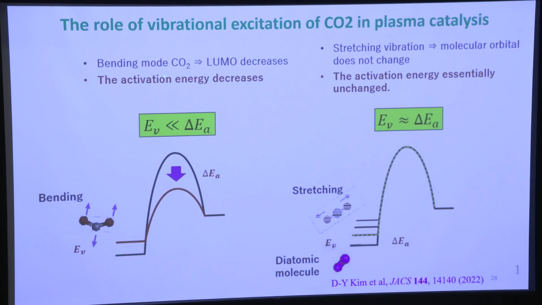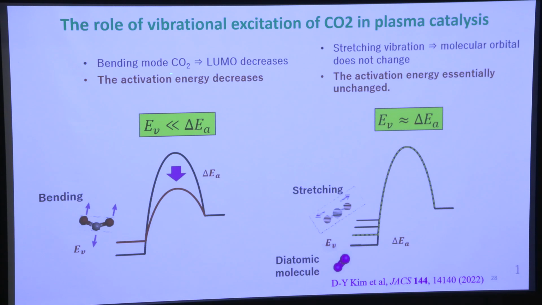So what they say is, okay, the bending mode of CO2 and the stretching vibration mode, the stretching like this, basically contribute to a reduction of delta E, but really do not create a new reaction pathway. Therefore, the EV is almost equal to the reduction of activation energy.